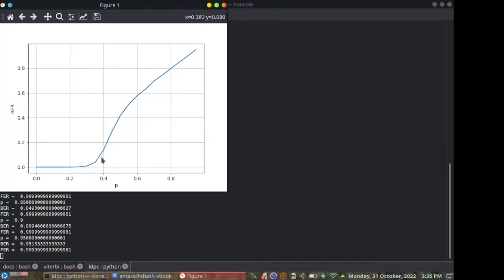This is what the bit erasure probability looks like as a function of p. Up to p equal to around 0.25 or 0.3, the number of bit erasures left over is equal to 0. Beyond that, it keeps increasing.